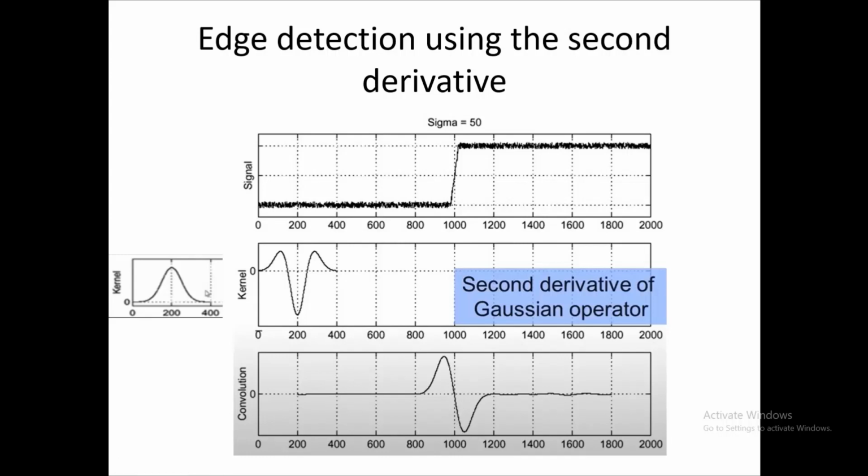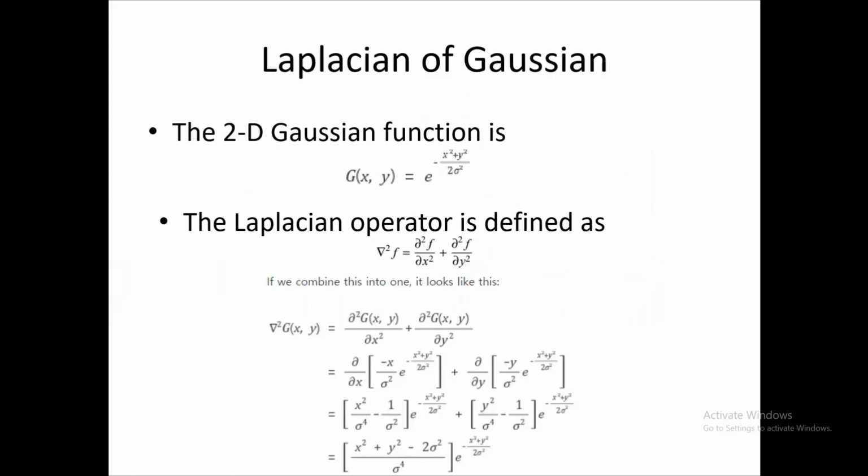and that's in 1D. Now when we talk about this in 2D, we have the 2D function here, where x and y give the directions and sigma gives the standard deviation, and here we have the Laplacian operator, which is a second order differential operator.